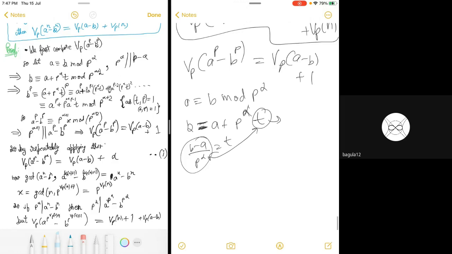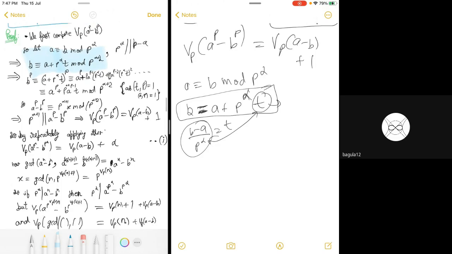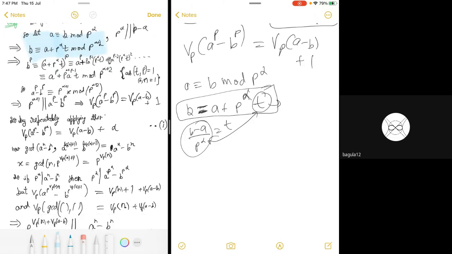So if this is true, then we can just say that B is congruent to A plus P to the alpha T modulo P to the alpha plus 2. This is because the left and the right sides are equal. So we can just raise them to the power of P and then expand by binomial. So expanding the right hand side, you get this.